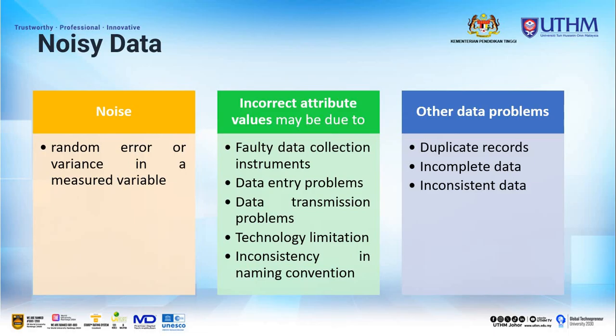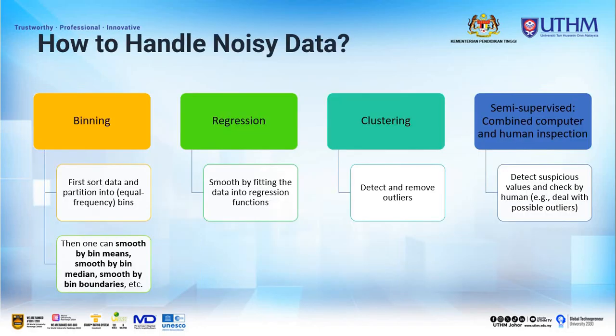So how to handle these issues? How to handle noisy data? We have a few methods here. The first one is the binning method. Binning groups values into bins to smooth the variation.